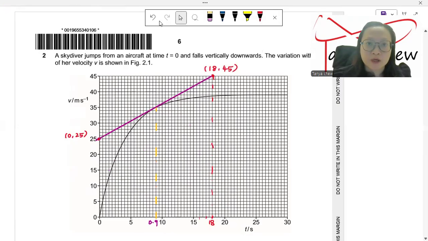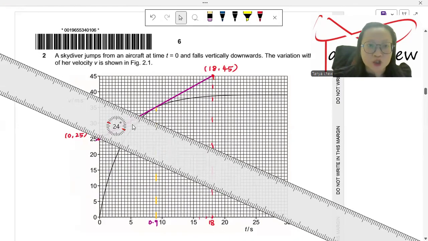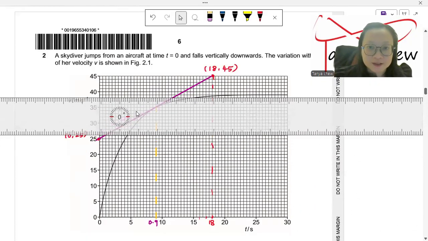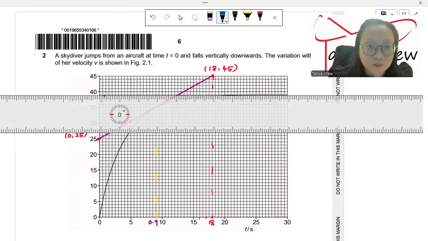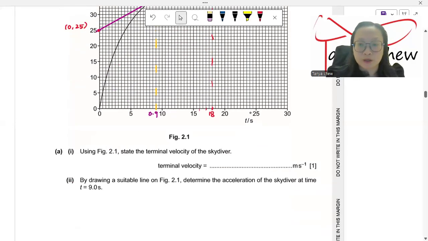Bear in mind, terminal velocity means the maximum velocity that could be achieved by, in this case, the skydiver. Okay, just read off the value from the graph on your y-axis. Keep my ruler. And the value here is 35, 36, 37, 38, 39. So the answer is 39 meter per second. That is the terminal velocity of the skydiver.